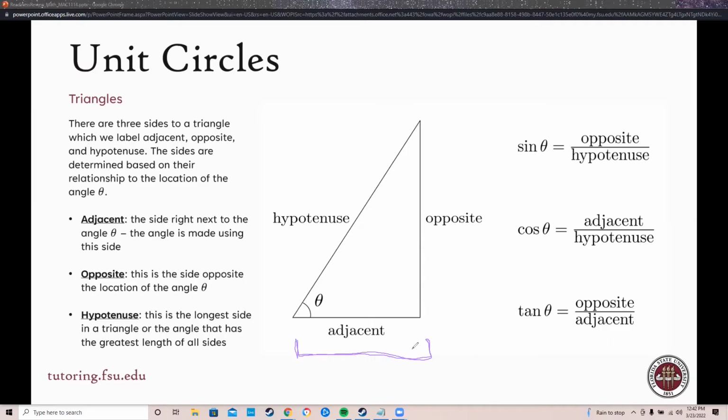It's always the adjacent side, but in math, we'll always refer to it as the x value. And then the sine will refer to the opposite side, which gives you the y value. So if I said cosine theta is equal to what? Cosine theta is adjacent over hypotenuse right here. And then sine theta would be opposite over hypotenuse.